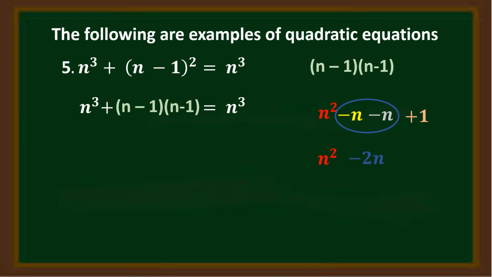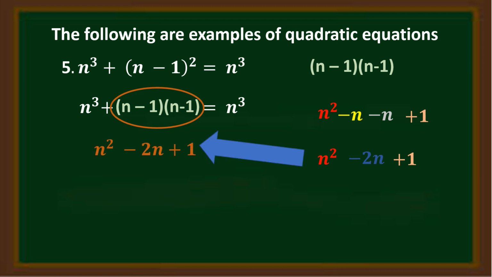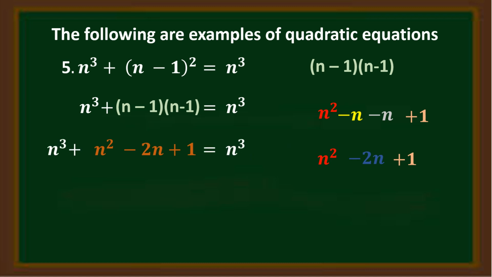And we'll be copying n squared and plus 1. The product of n minus 1 and itself is n squared minus 2n plus 1. So, our equation will be n cubed plus n squared minus 2n plus 1 equals n cubed.